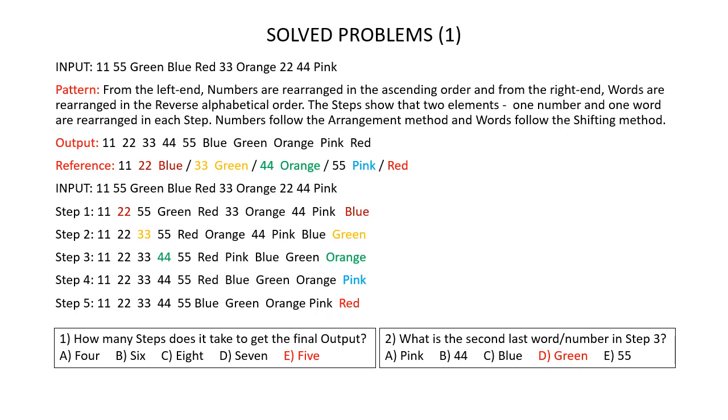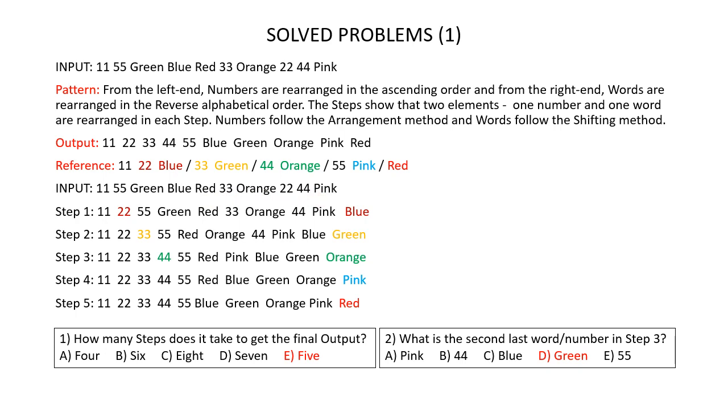Now you will see that all the input elements have been rearranged in step 5. So step 5 is the last step of rearrangement for the particular input. So step 5 is the final output for this particular given input.